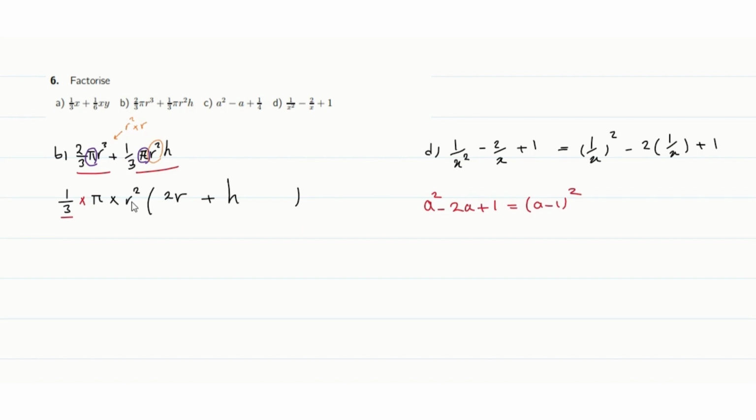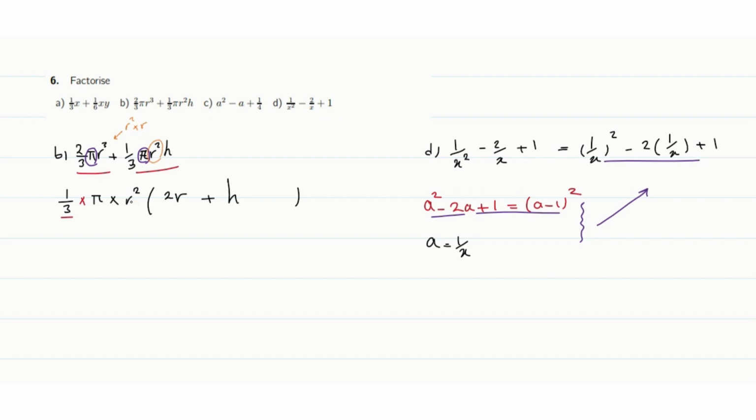So if I substitute a with 1 over x, we can get the same equation that we see in here. So this trinomial identity equation is the same equation as in here if I substitute a with 1 over x.